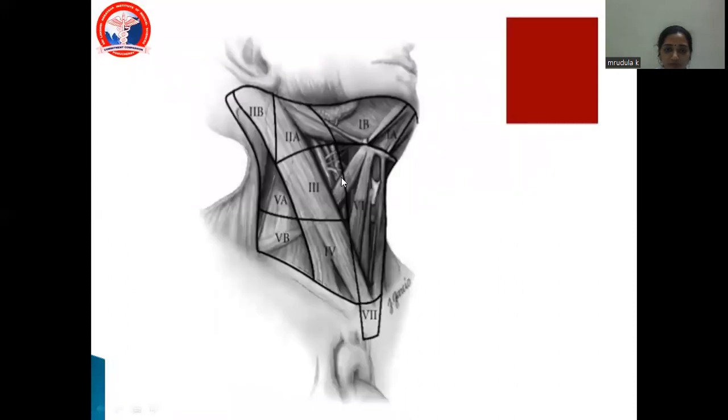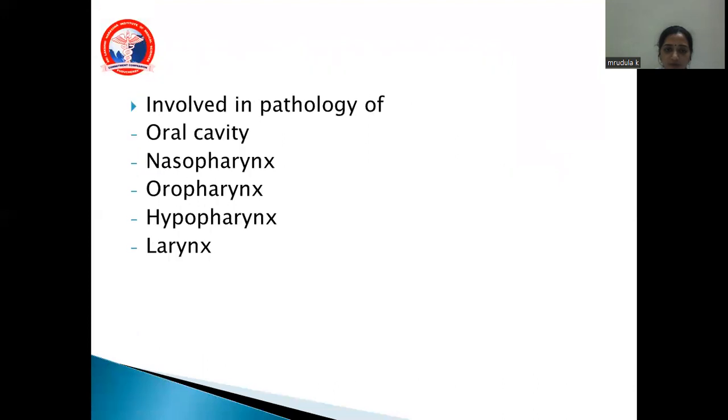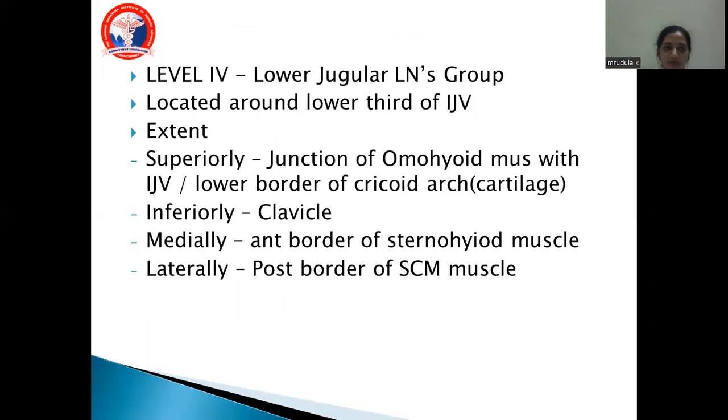So this is the posterior border, and here will be the upper division of the common carotid, and the cricoid margin. Level 3 nodes are involved in oral cavity, nasal cavity, oropharynx, hypopharynx, and laryngeal pathology.